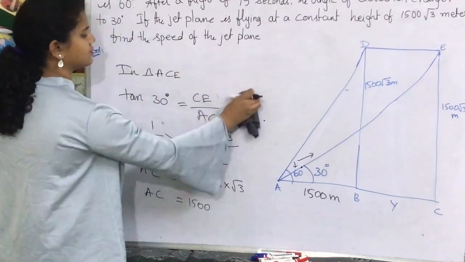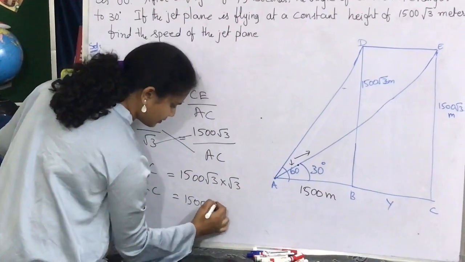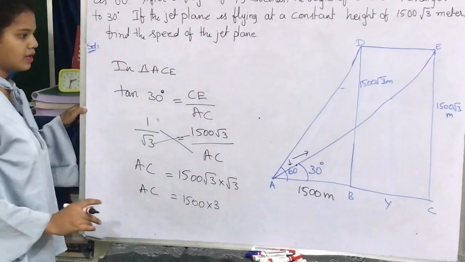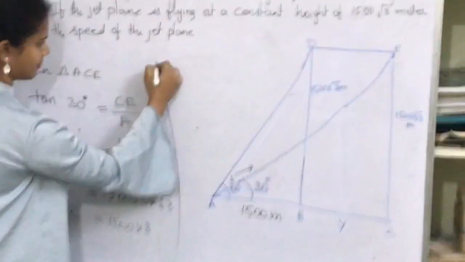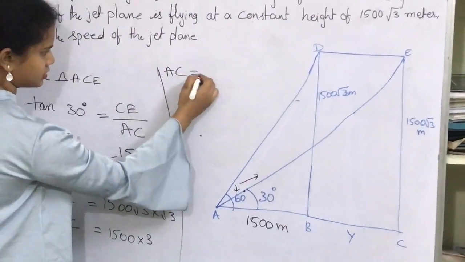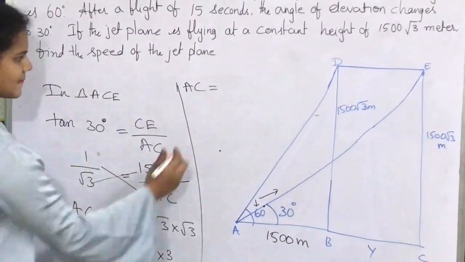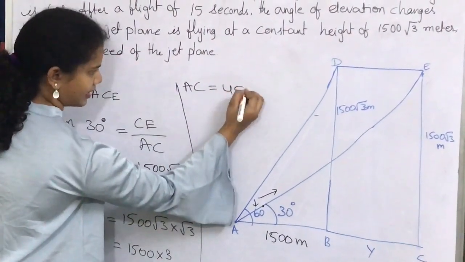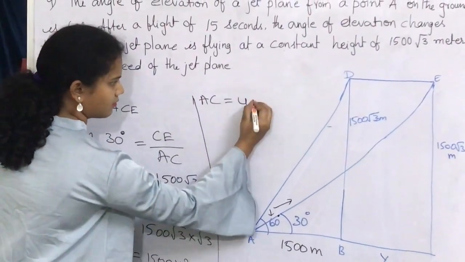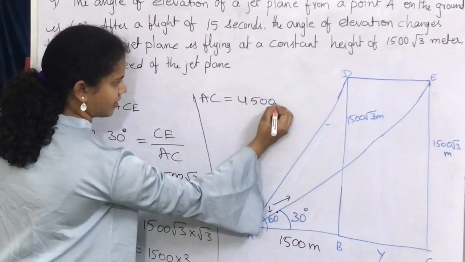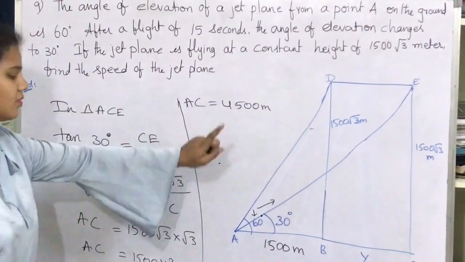So AC equals 1500 into 3, where AC equals 4,500 meters.